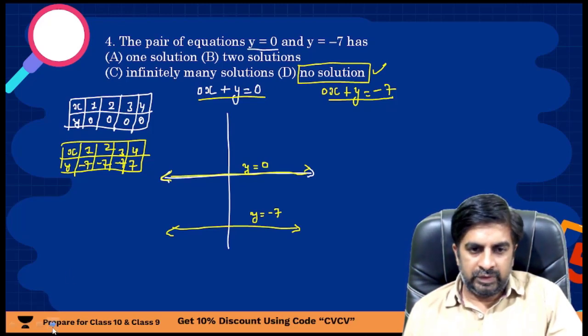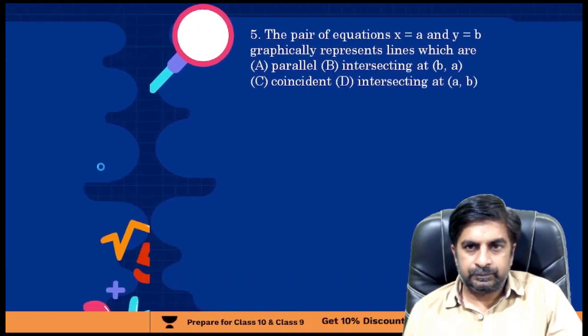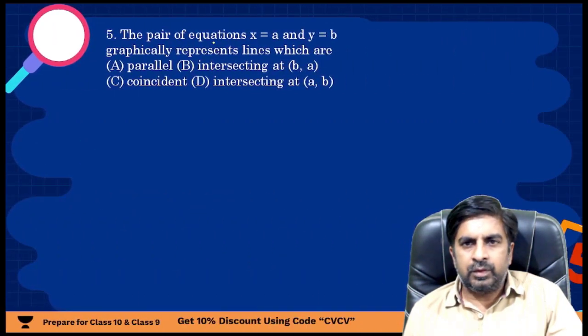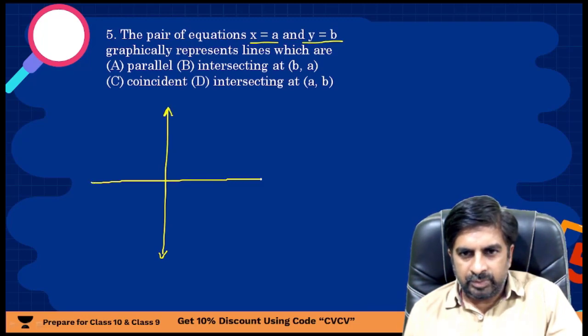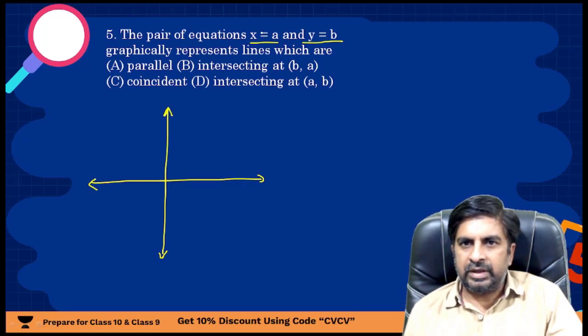Okay, moving towards the next one. The pair of equations x equals a and y equals b, graphically. These are a few important things that you need to keep in mind. Here you can see x equals a. So what about y?